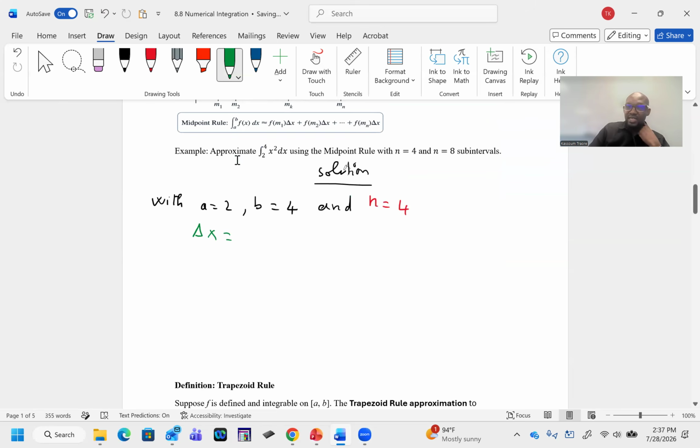So my delta x, which is b minus a divided by n, will be equal to 4 minus 2 divided by 4. That will give me 0.5, which is 1/2.